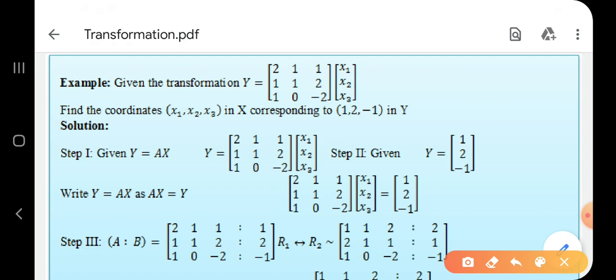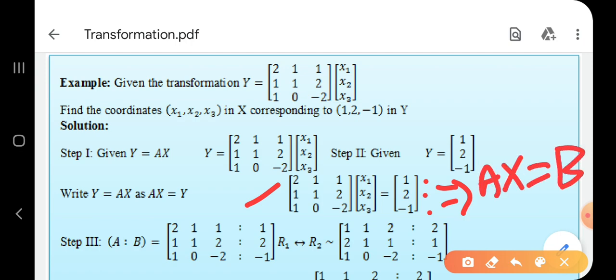So start here. Matrix A is given, [2 1 1; 1 1 2; 1 0 -2] times x1, x2, x3 as it is, and put the value of Y, 1, 2, -1. So I get a system here, AX is equal to B. Initially it was a transformation, now I get a system, and we know how to solve this system.